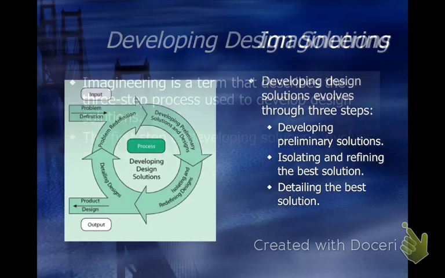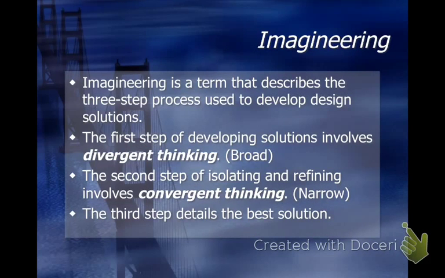Okay, here's the developed solutions broken down even farther. The first step is called divergent thinking. That's when we think all these crazy, wild thoughts. We're going to think of those first. I want you to come up with 5, 10 different solutions. Then we're going to take those 5 to 10 different ideas and isolate it and refine it into one.